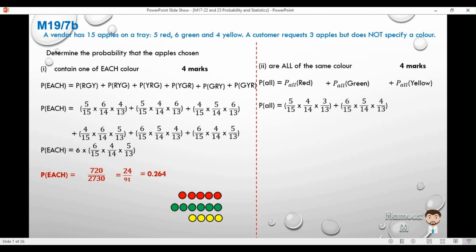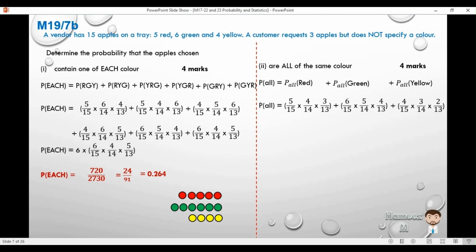And then we're selecting another green, 5 out of 14, that's the probability. And if we have a choice again and we selected another green, it'll be 4 out of 13. And finally for yellow, similarly 4 out of 15. And then we selected one, we're left with 14 of these apples. And we want to select a yellow, there's 3 out of 14 is a possibility. And we select again 2 out of 13.